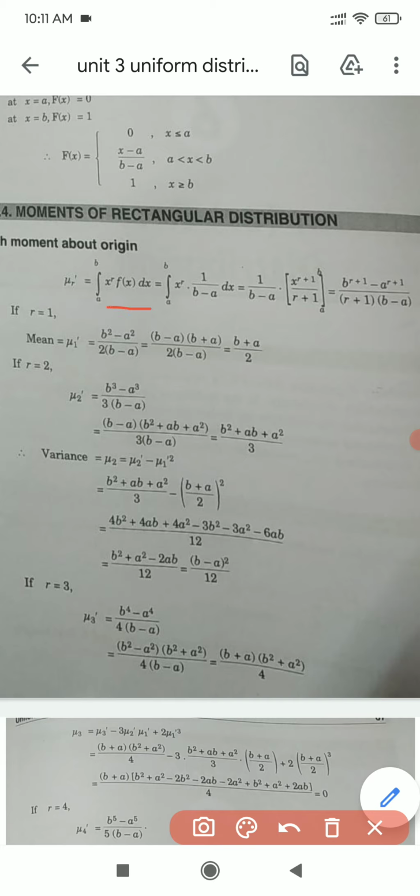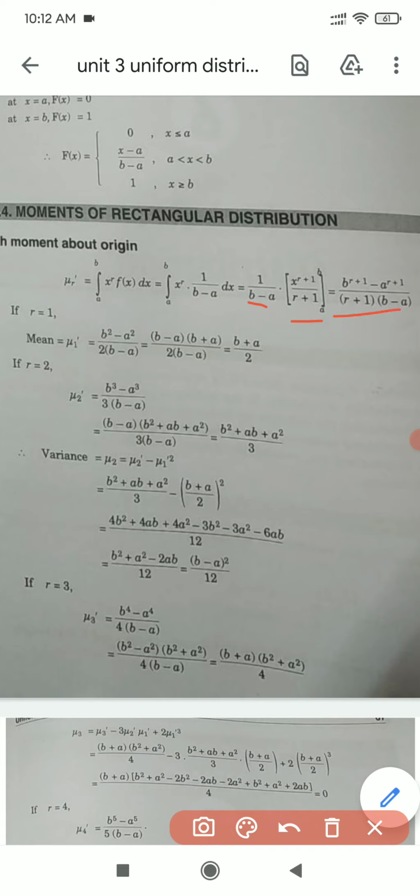Now if I integrate this x power r, we will get x power r plus 1 by r plus 1. This 1 by b minus a, we can keep outside the bracket. Now as it is from limits a to b, it will be b power r plus 1 minus a power r plus 1, divided by r plus 1, and this b minus a. These two things we will write here.